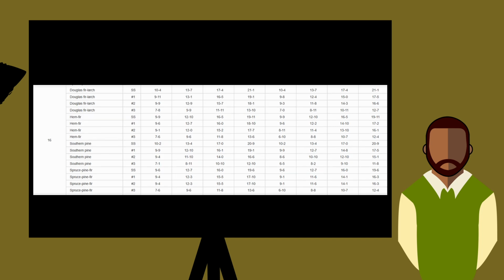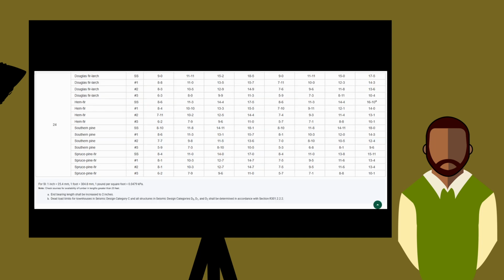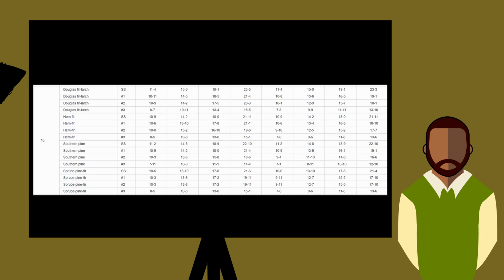I'm using this particular definition as a broad stroke definition, right? If you look at the IRC, you'll see two different criteria, at least two. Maybe there could be more, but I know there's two different live loads that they use particularly: 30 PSF and 40 PSF.